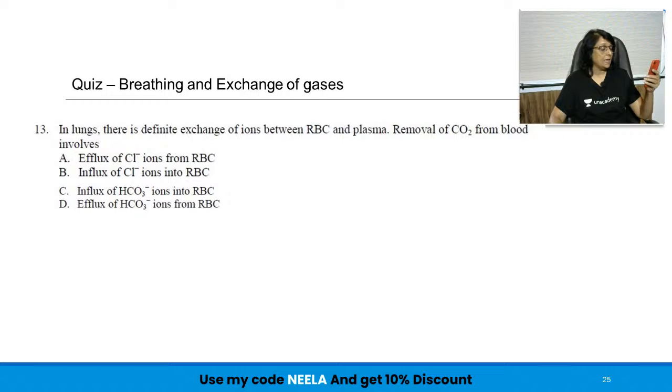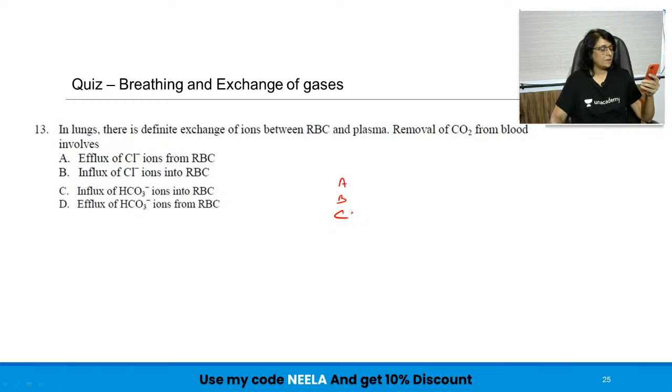Kavipriya, it says B. Suchitra has said A. Anju is saying A. So the answers which we are getting are A and B so far. Okay, Zara is saying C. So we have A, B and C, all the answers here.